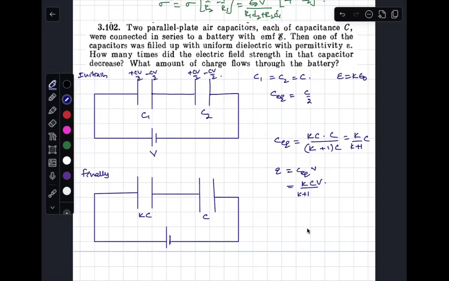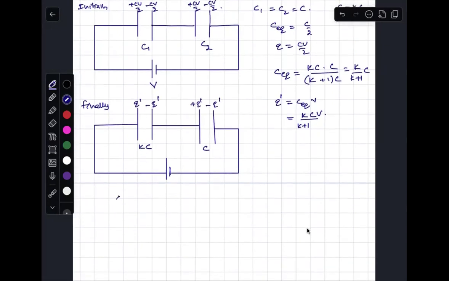Further charging takes place. Now here it is Q dash. Previously Q is CV by 2. Now it is Q dash, minus Q dash, plus Q dash, minus Q dash. Now what is happening? Delta Q is Q dash minus Q, K by K plus 1 CV minus CV by 2.